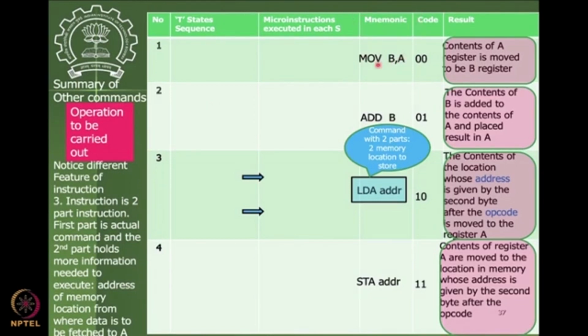These are assembly language commands. Typically this is the syntax used in assembly language for moving data from one register to another, adding something to a register, and so on. You will have these different kinds of commands.